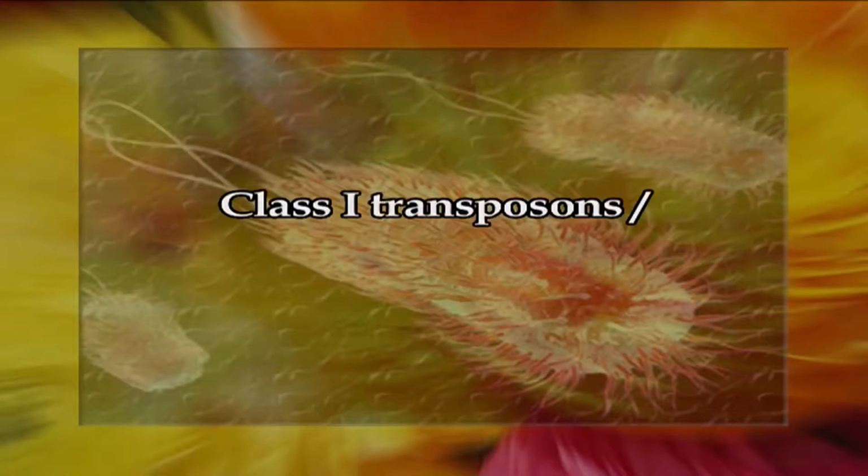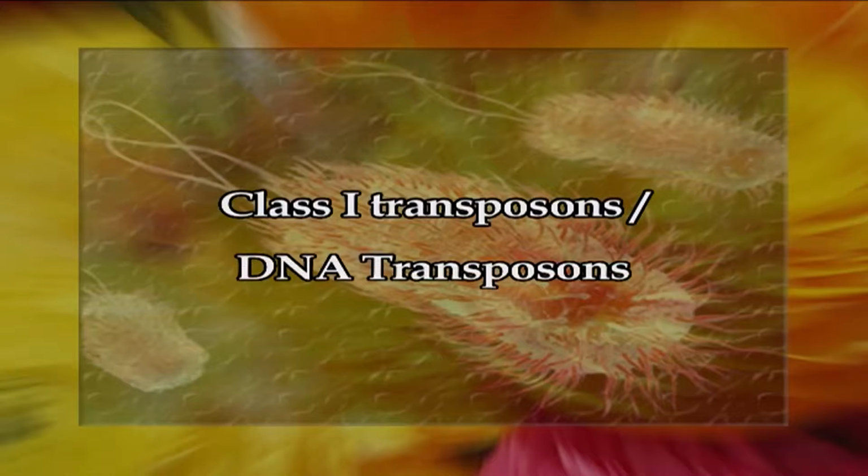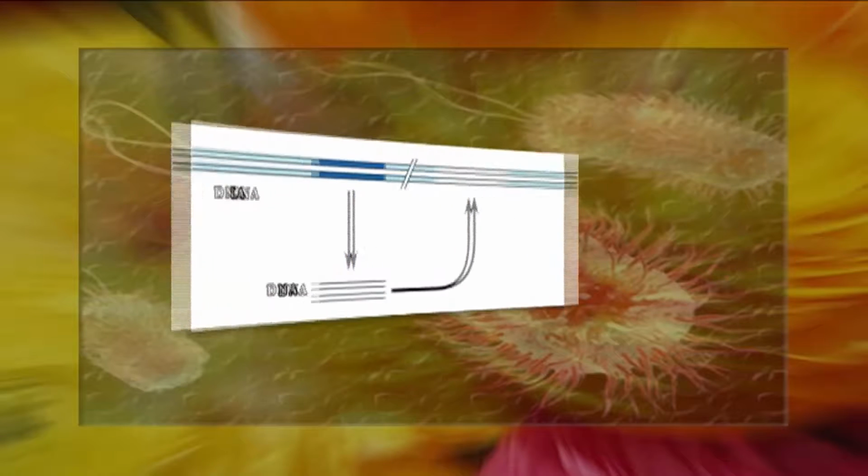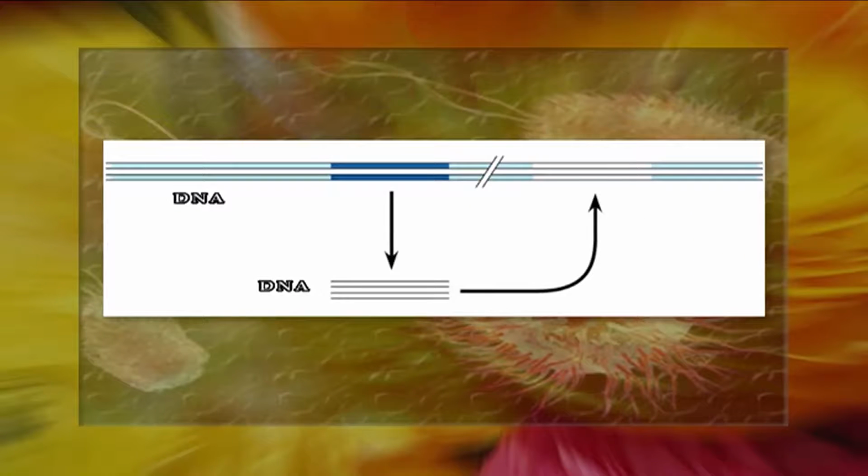There are two classes of transposons determined by different mechanisms of moving within the genome. Class 1 transposons are DNA transposons, which consist only of DNA that move directly from place to place.